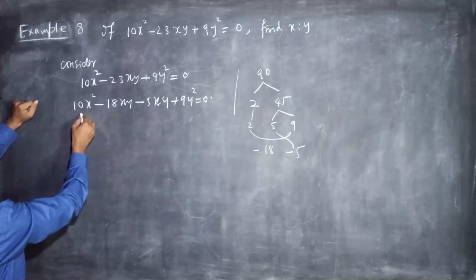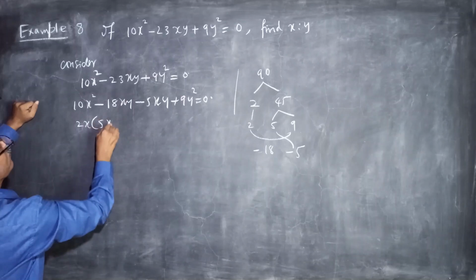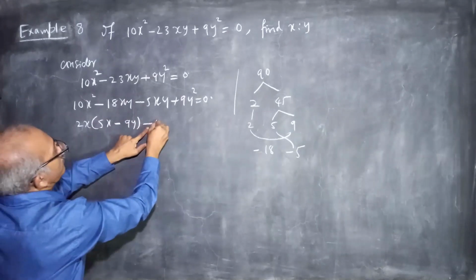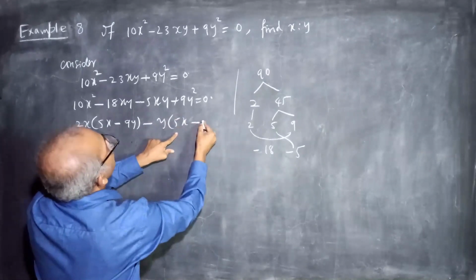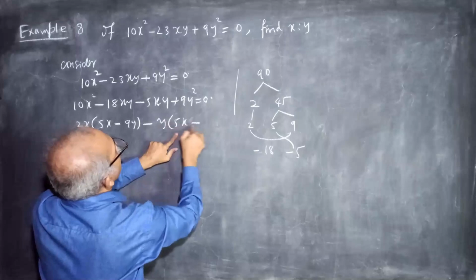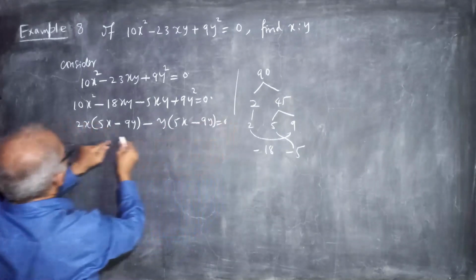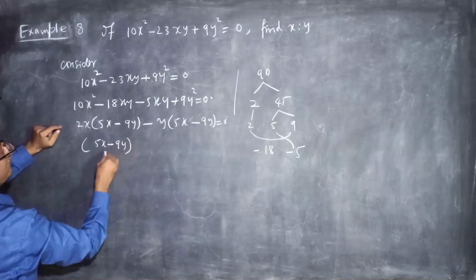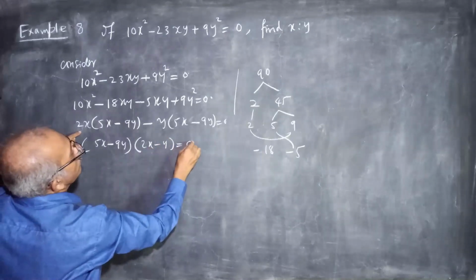Now here we shall take 2x as the common factor. So 5x minus 9y, and minus y can be taken as a common factor. 5x minus, here plus is there, here minus, so you should write minus 9y is equal to 0. Here the common factor is 5x minus 9y into 2x minus y is equal to 0.